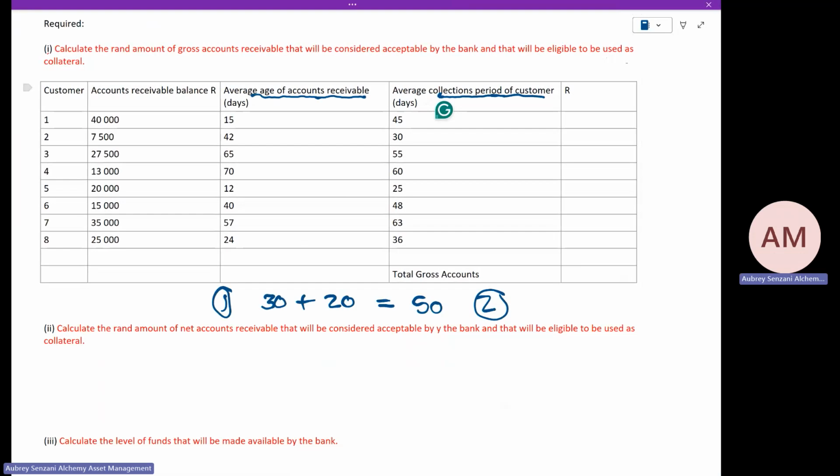So, okay, if you look at the first one, you see that the average age there, is it below 50 days? It is. And is your average age of accounts receivables below your collection period of the customer? Yes. So we are going to then collect this 40,000, isn't it?